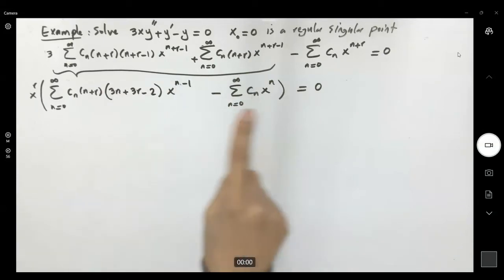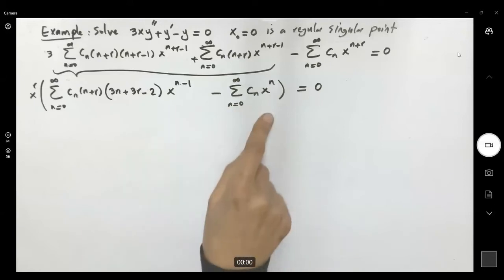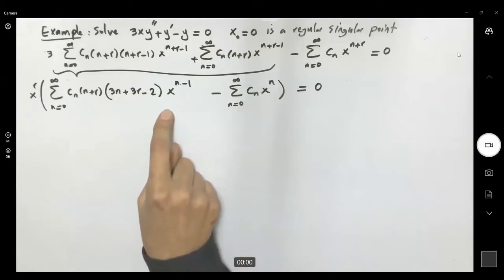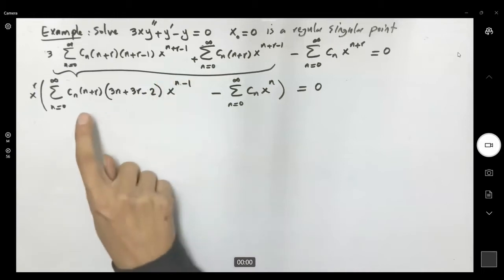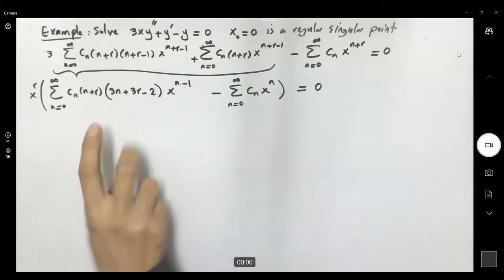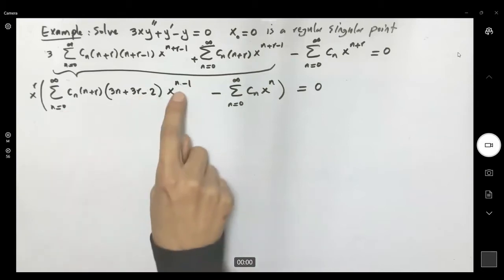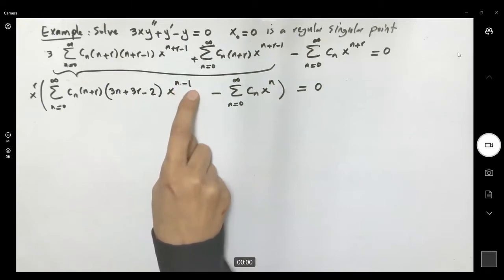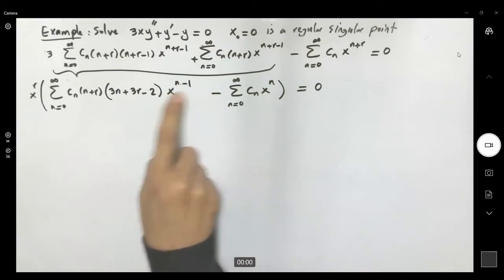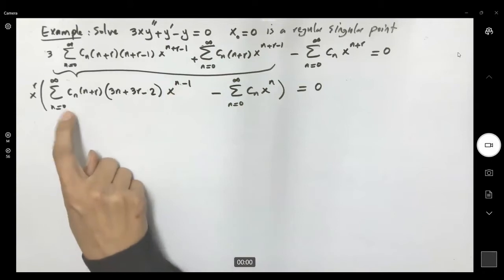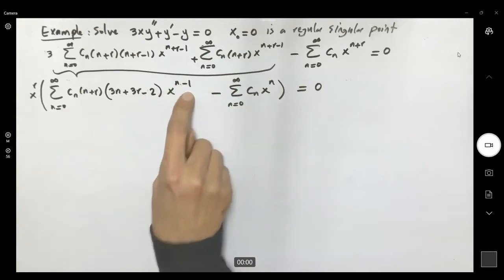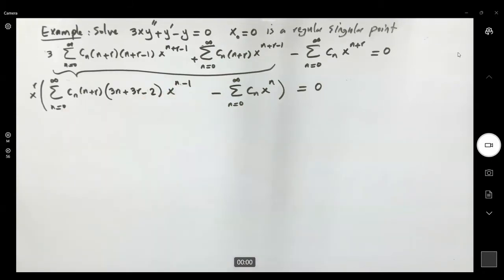Before making any substitution, making any changes in the variables, in the exponents and n's, let me write down the first term here. I have the n equals 0 term with x to power n minus 1 here. I want them to have the same exponent, 1 and a negative 1. It makes the shift a little bit easier.